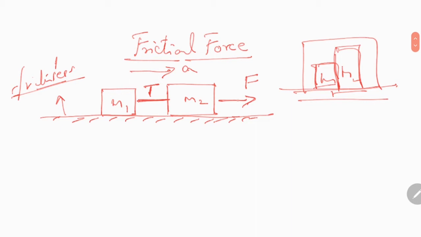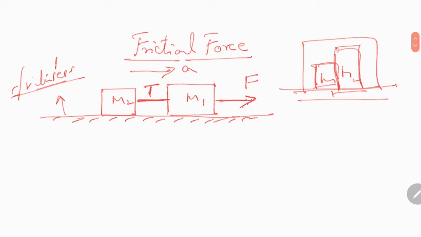Okay, so now let us draw the free body diagram. For convenience's sake, let me just call them M1 and M2, with M1 being the body where the initial force is being applied.